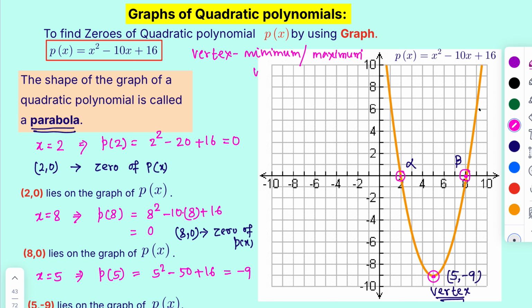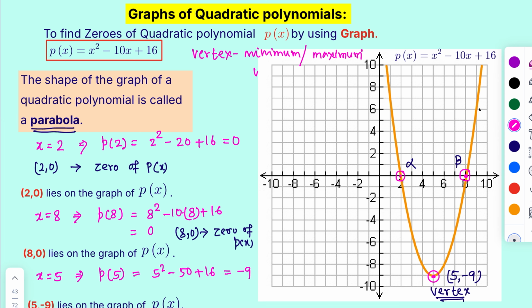So here the graph is opening up. That opening up means it is in this way. That means it has a minimum value. When the graph opens up, it has a minimum value.